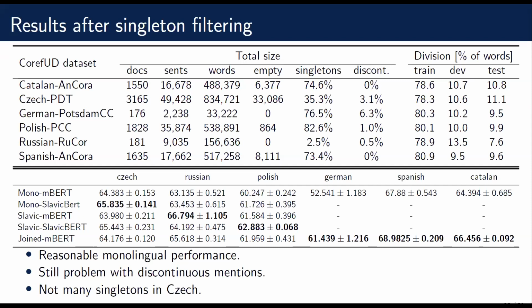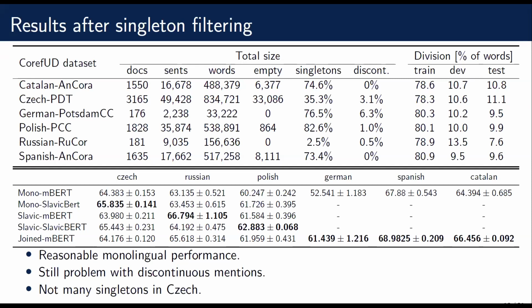We don't have to remove them from the training because the model ignores them anyway, but we remove them from the evaluation, and the performance really rose, and the monolingual performance is much better now. But still, we can see that except for Czech, combining the datasets together still helps even if we remove the singletons.